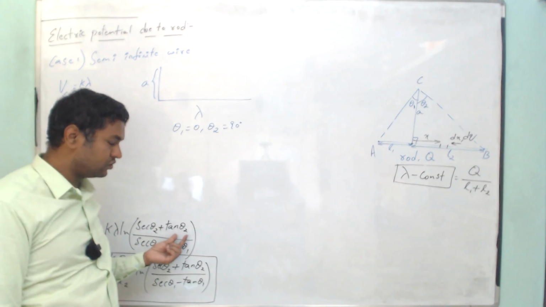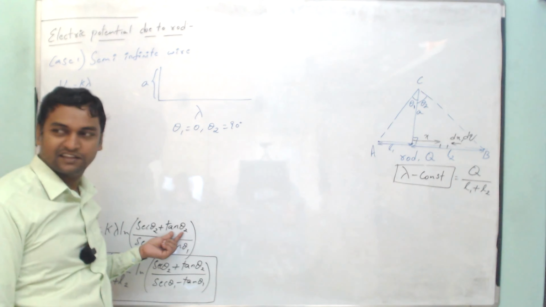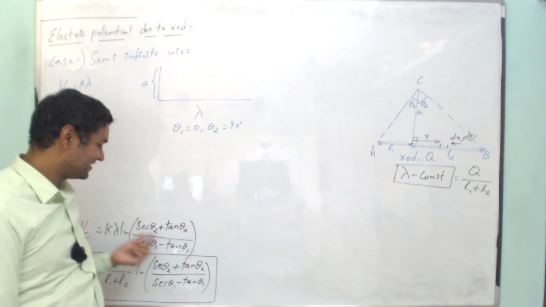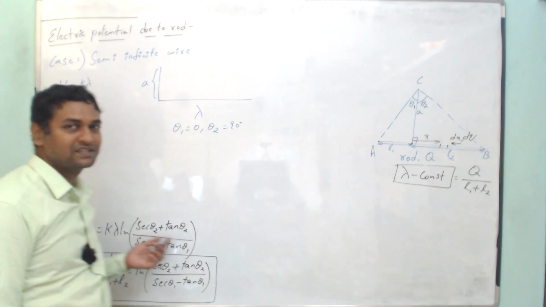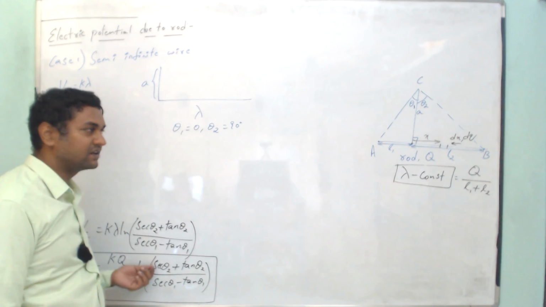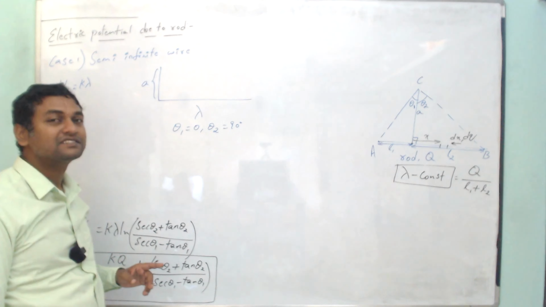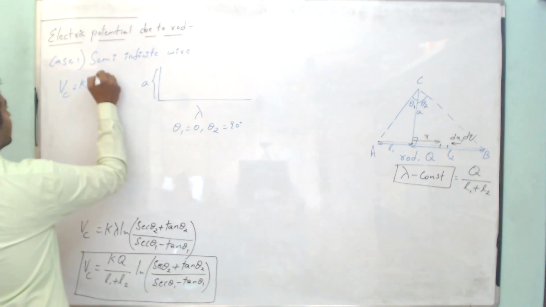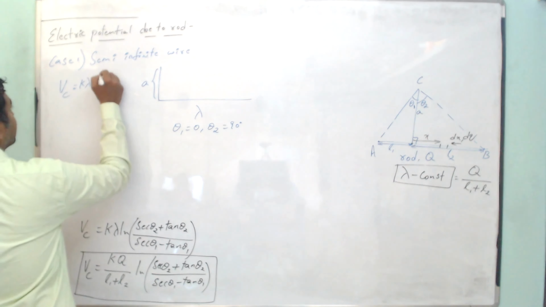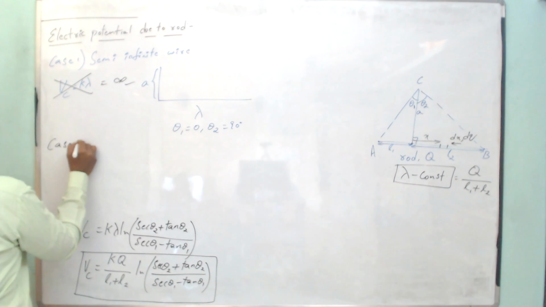Now numerator tan 90 is also infinity. Secant square theta minus tan square theta is actually 1, but this becomes undefined. So let us say that this becomes undefined. We'll take some general case.